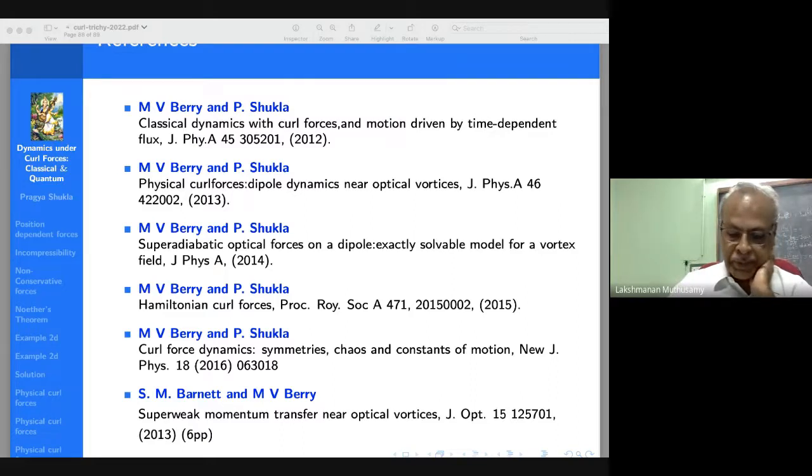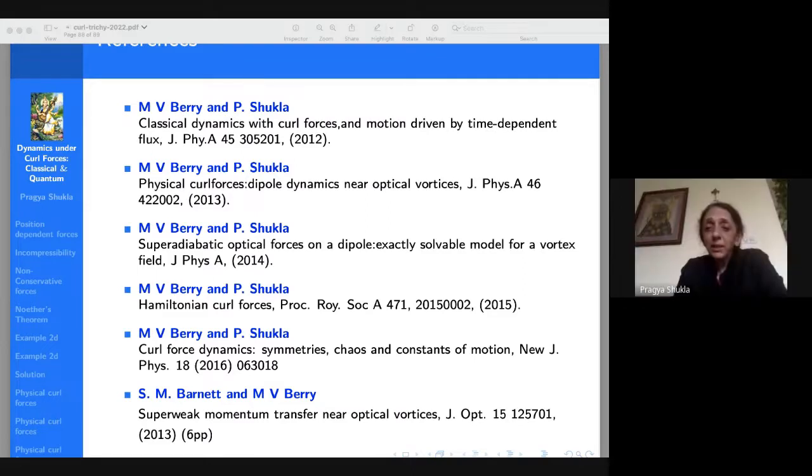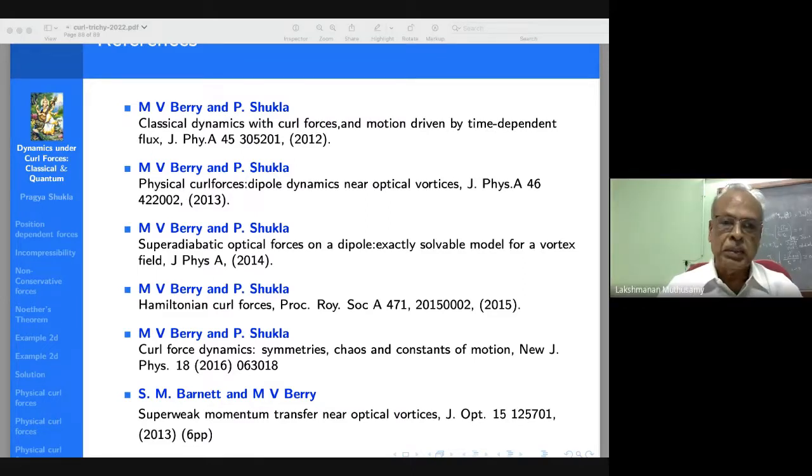I'm not really very familiar with curl forces, but I wonder whether these dynamical systems with curl forces can admit a non-standard Hamiltonian, a non-standard Lagrangian. We are familiar with velocity-dependent force. For example, even a damped harmonic oscillator admits a Lagrangian and Hamiltonian formulation, but non-standard, quite complicated.